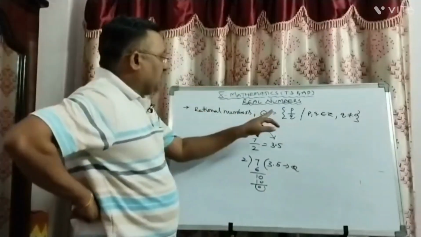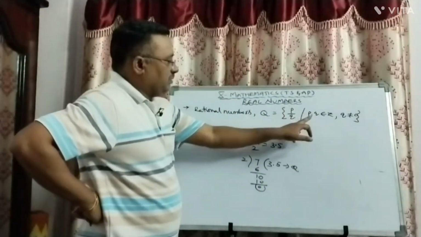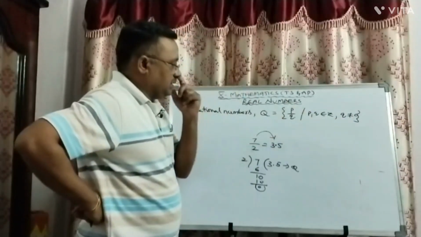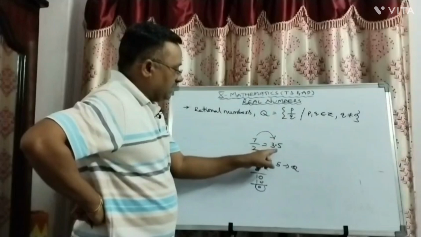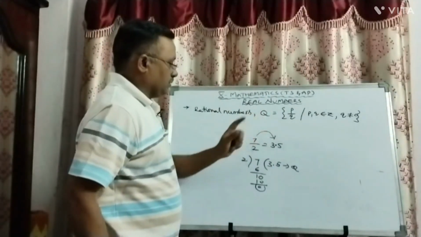So rational numbers are represented in P by Q form, where P, Q are integers and Q is not equal to 0, the denominator should not be 0. It gives the quotient value. That's why the representation is taken as Q.